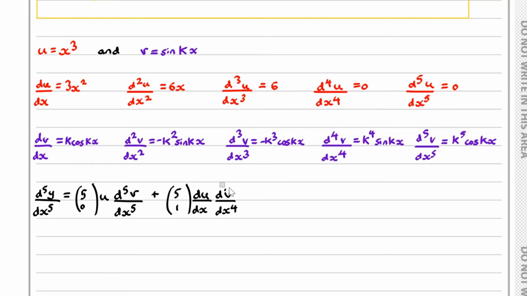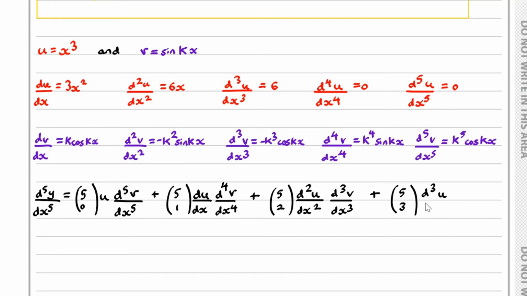Next, we have 5 choose 2 d squared u over dx squared multiplied by d cubed v over dx cubed. Next, we have 5 choose 3 d cubed u over dx cubed multiplied by d squared v over dx squared.